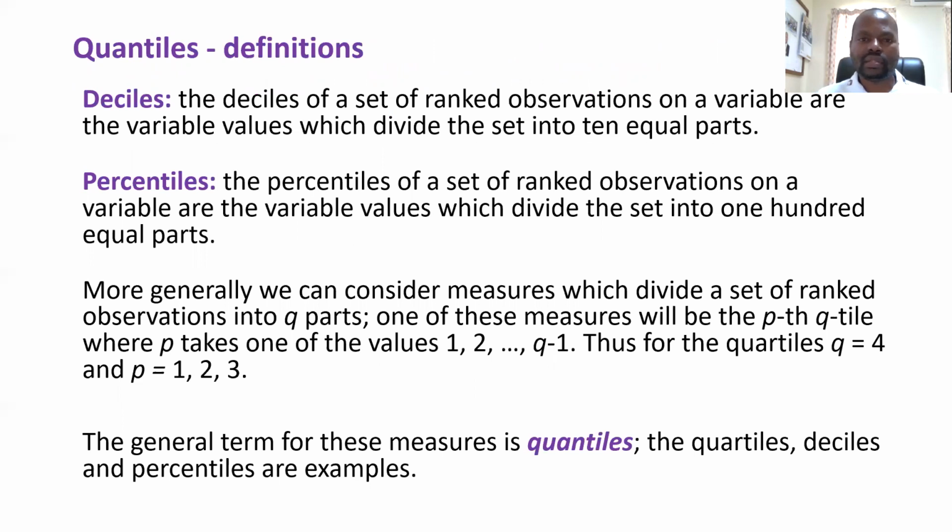You draw a box which ranges from the first quartile to the third quartile, and then you extend lines, the whiskers, from the third quartile going upwards to the maximum, and from the first quartile going downwards to the minimum. So that's how you draw a box and whisker plot.